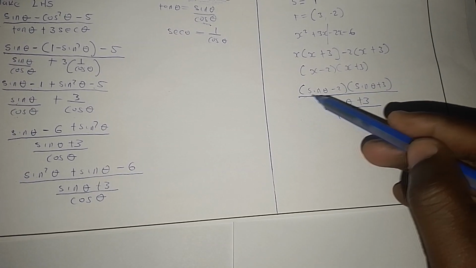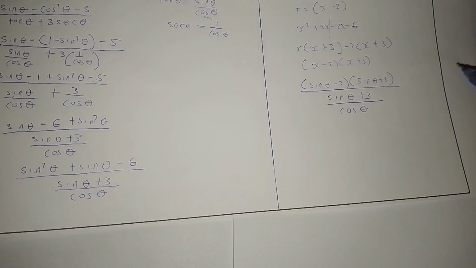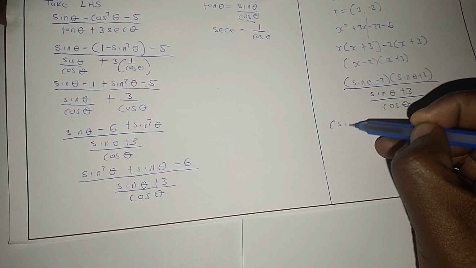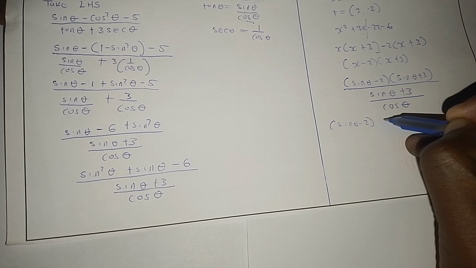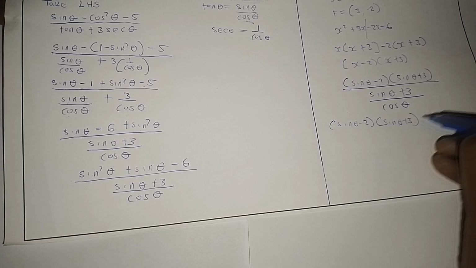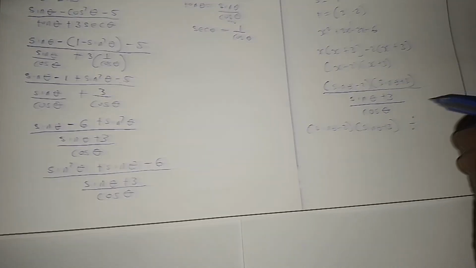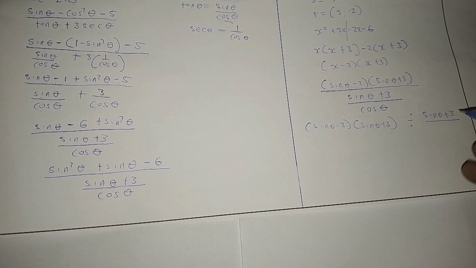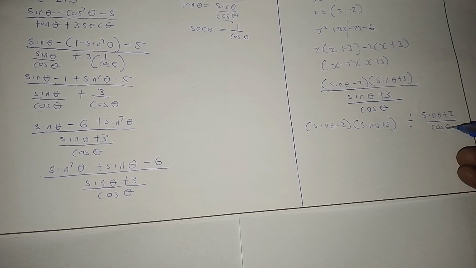This line here means we are dividing, so it is the same as sine theta minus 2 multiplied by sine theta plus 3, then we divide by sine theta plus 3 over cos theta.